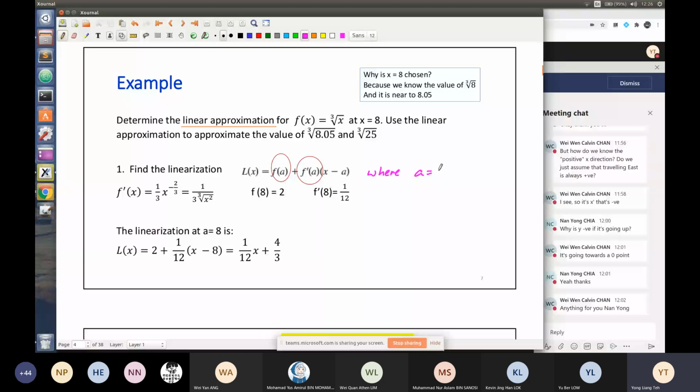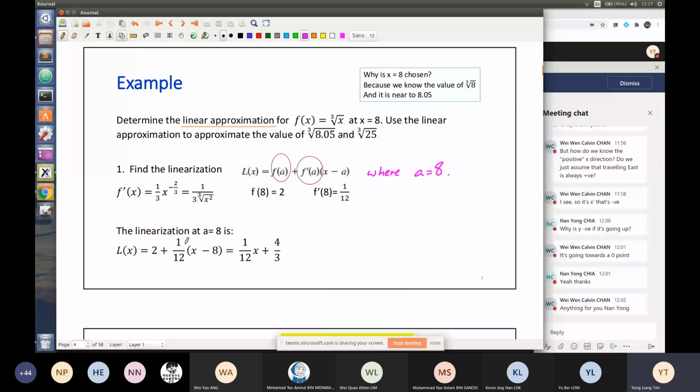Obviously, for this a value, you want to choose somewhere whereby the function value can be easily calculated at that particular point, so the cube root of it is easy. Hence we have this 2 here, and then plus 1/12, because after you substitute a equals 8, f prime of a gives you 1/12.